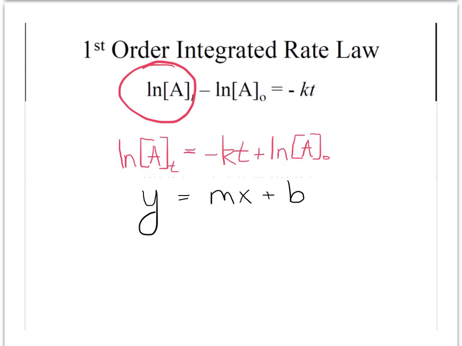This is a beautiful thing because if we line this up, we see that the y value would be our natural log at time. We would see that our slope, the m, would be the negative k. So I'm going to go ahead and put that negative k in parentheses just so we can keep it separated. That would be our m. Our x value would be time, and our y-intercept would be our initial concentration.